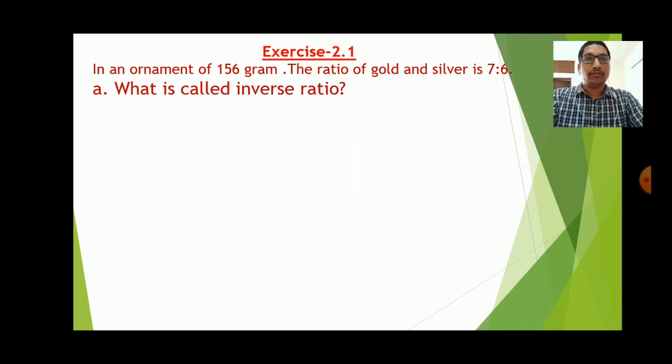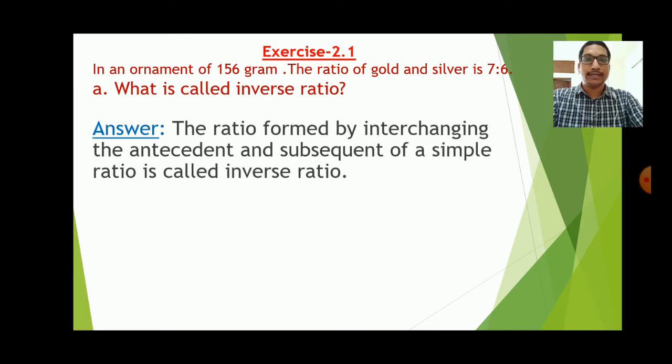Now our first question, what is called inverse ratio? Here at first I will give you the definition, after that I will make you understand and I will give you an example. Okay, so the answer: the ratio formed by interchanging the antecedent and subsequent of a simple ratio is called inverse ratio.